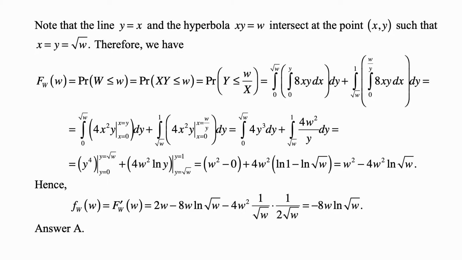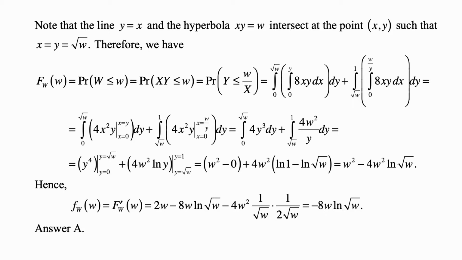One is the integral where y runs from 0 to the square root of w, that's the point on the hyperbola where the line intersects it, and then x runs from 0 to y. Well, x is less than or equal to y, that's the equivalent statement. Of the density 8xy dx dy, plus the integral from square root of w to 1 of the integral from 0 to w over y of 8xy dx dy.